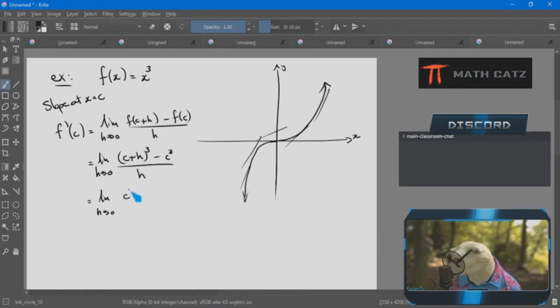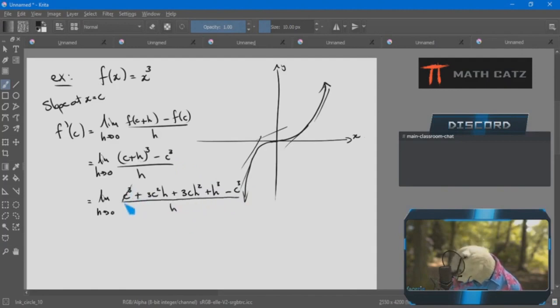You should get c cubed plus, how much? Three c squared h plus 3ch squared plus h cubed, and then I have this minus c cubed still there, just squeezing in over h.